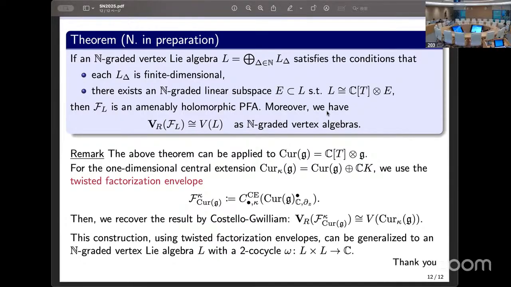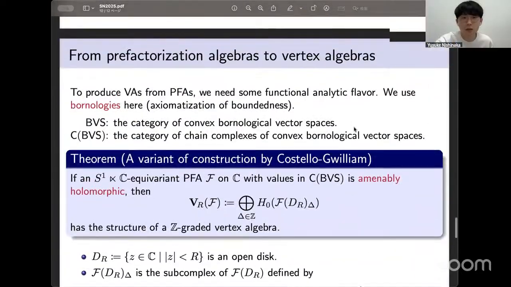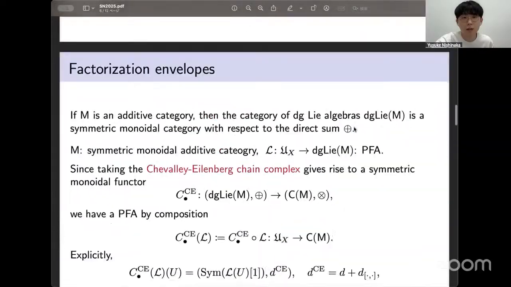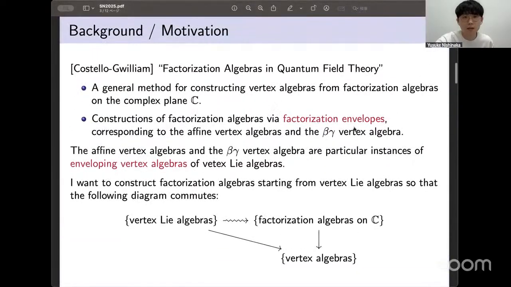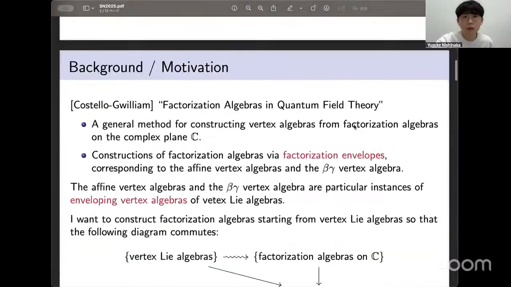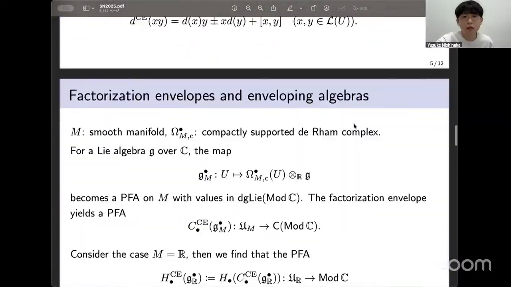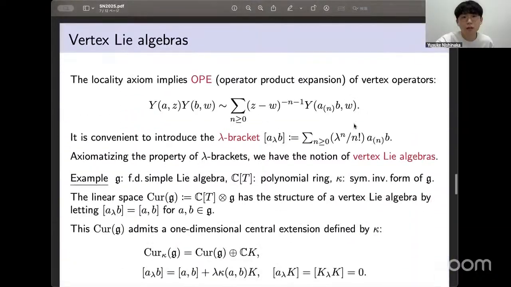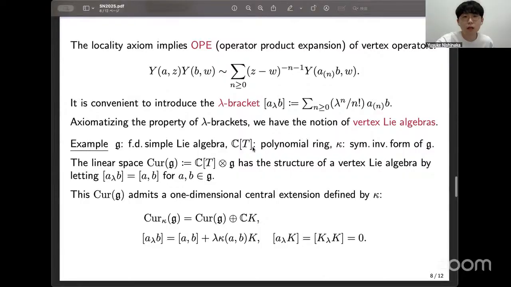Sorry, could you give me the definition of the vertex 3 algebra? Vertex 3 algebra, okay. So I did not write the complete definition of vertex 3 algebra.